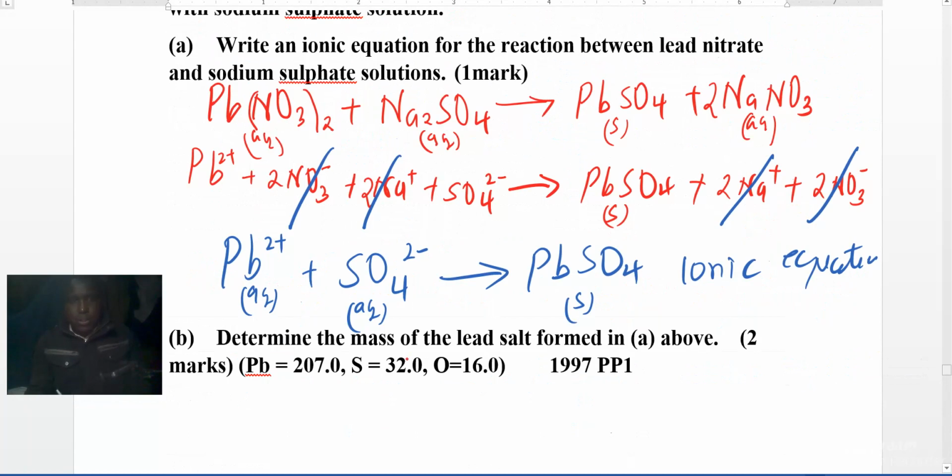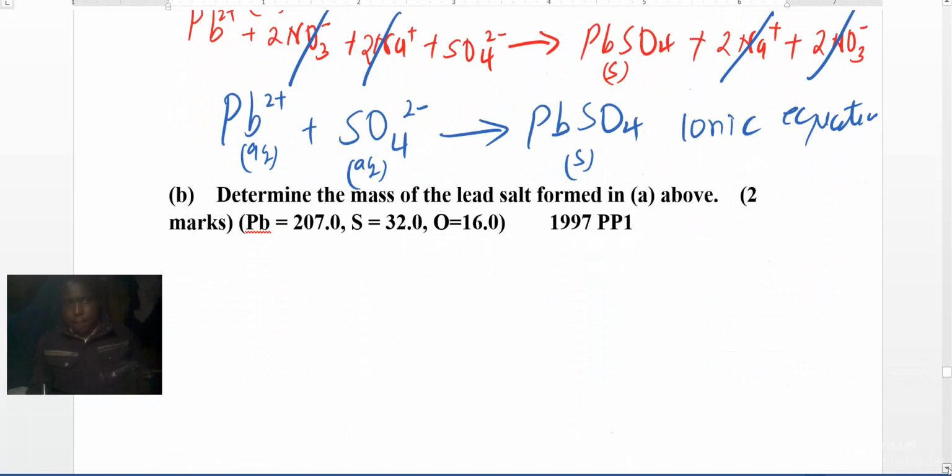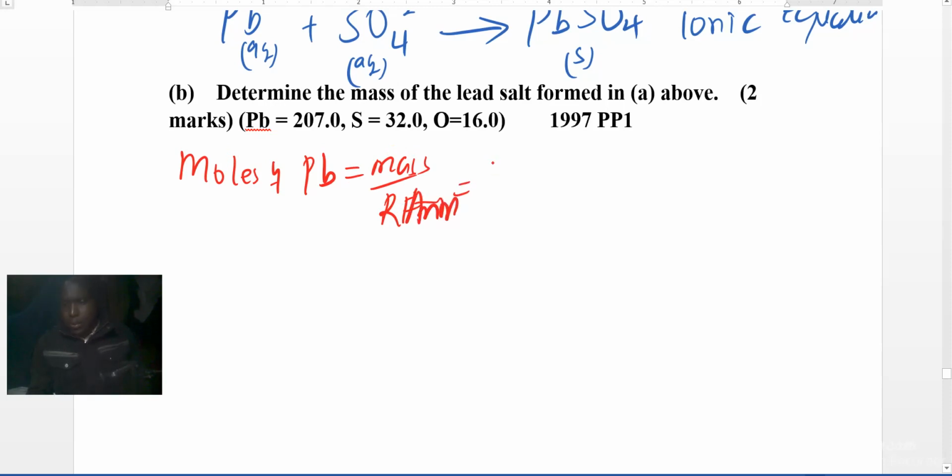Moles of lead is equal to mass over RFM, but this is lead, so it is RAM. This will be 0.63 divided by 207, because the RAM is 207. This gives us 0.003 moles.